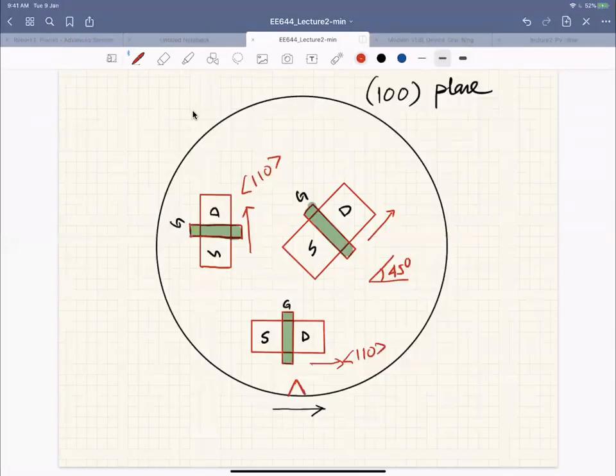You know this direction is the 110 notch. Okay, anybody? What is the direction at 45 degrees to 110? Okay, somebody spoke, right?